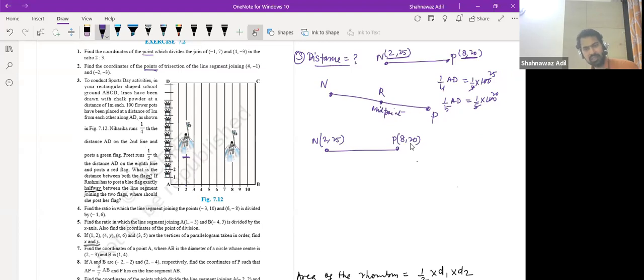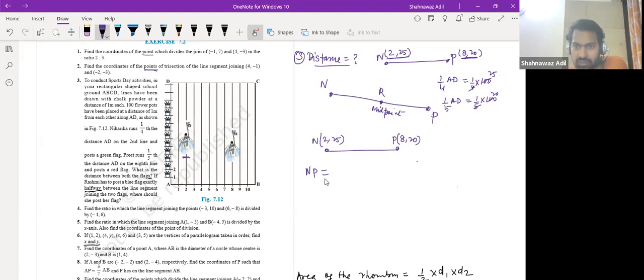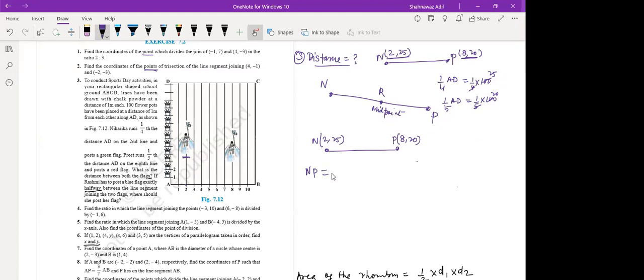So let me draw it here, and you tell me what would be the distance. Calculate the distance between N and P. Root of x1 minus x2 the whole square, so 2 minus 8 the whole square, plus 25 minus 20 the whole square.